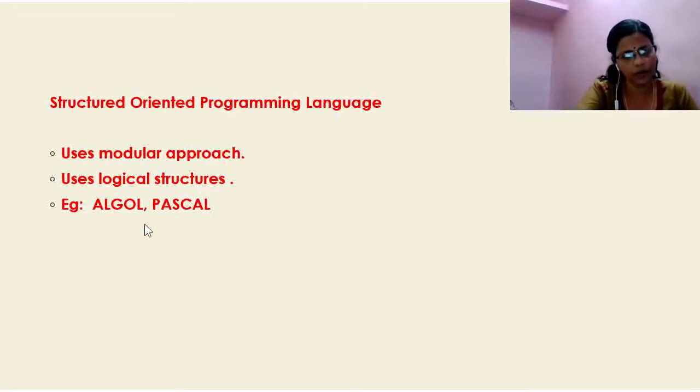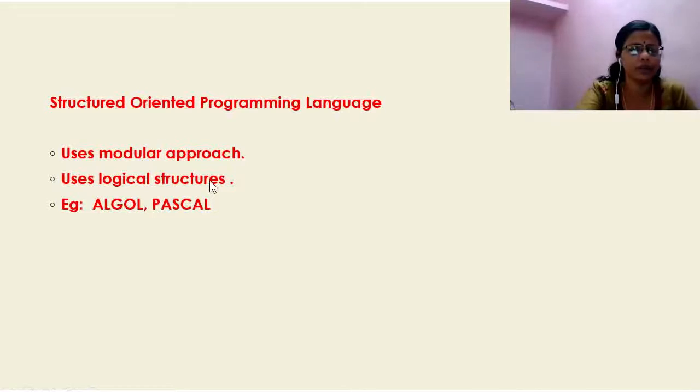And earlier languages like Algol and Pascal make use of the structure-oriented programming language. Clear? So it is a modular approach, which means it is divided into small modules. Then it is using logical structures.